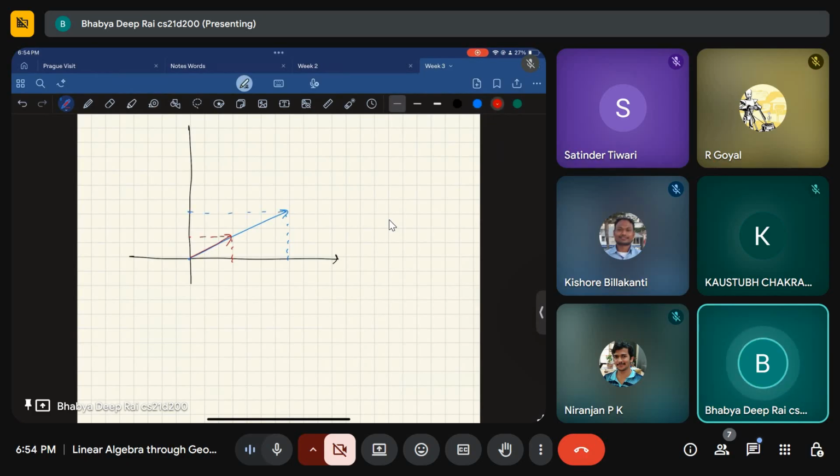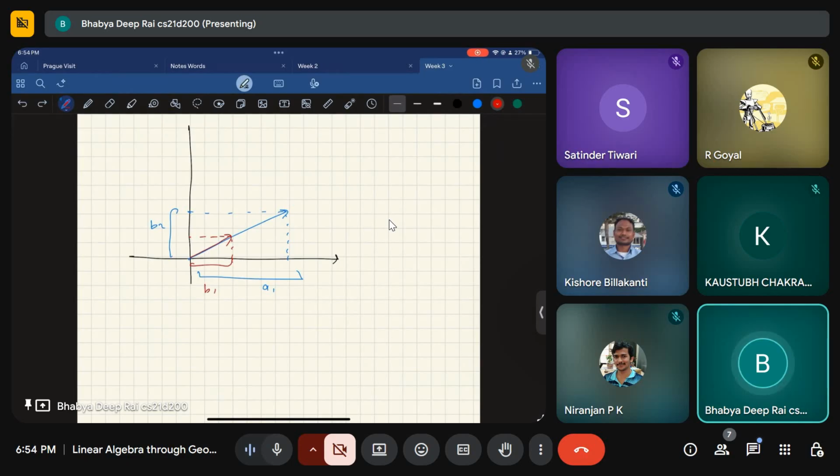This is b2, this is a2. Well, what is the problem? If I do a1 b1 plus a2 b2, what am I going to get?